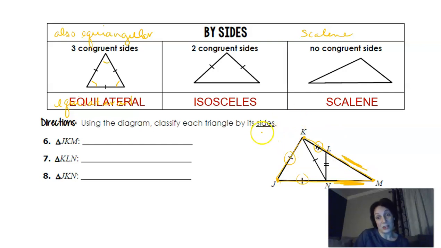So listen, I don't actually know how long these two sides are, but I know they're not the same. Here's how I know. This one is marked with one tick mark. This one is marked with two tick marks. So that tells me they are not the same. Okay. So we are going to call this scalene. All right. Let's see about this second one.